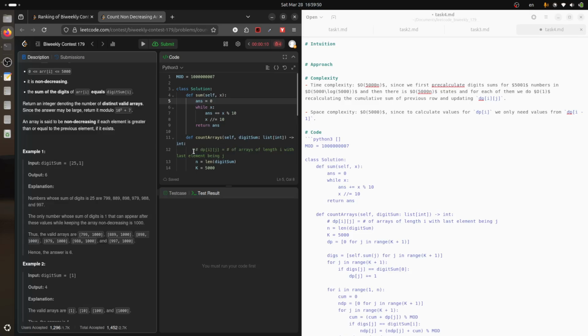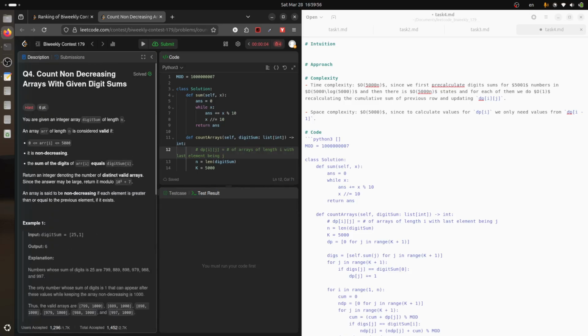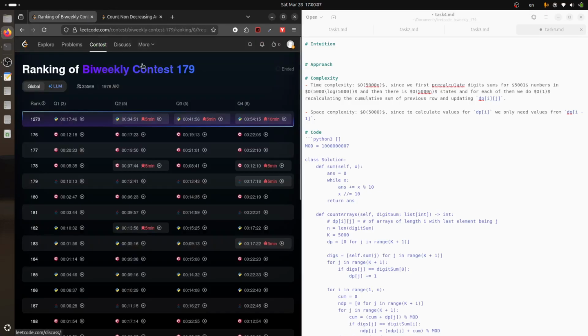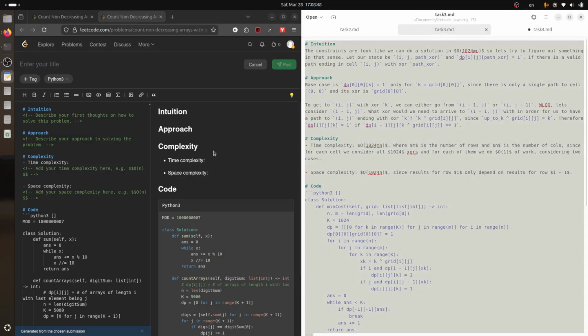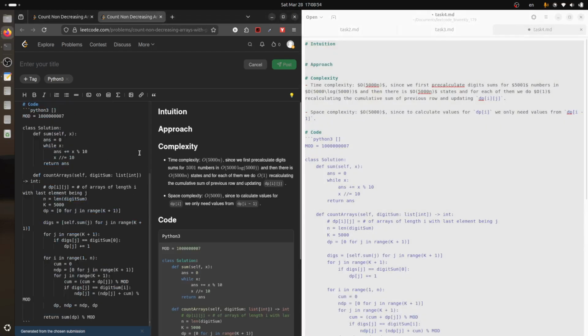Now, as I write here, dp[i][j] is the number of arrays from the first i elements that match these digit sums, and I can immediately upload my solutions. Okay, so let's finish this explanation. No, that's task 3, so let's do task 4.